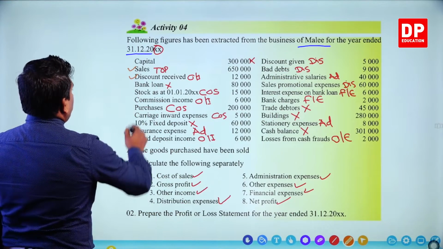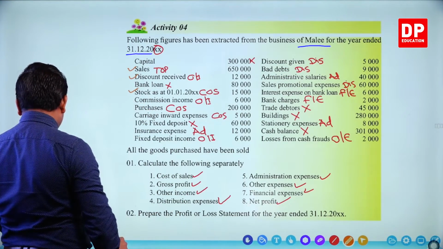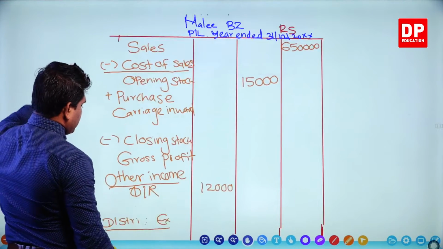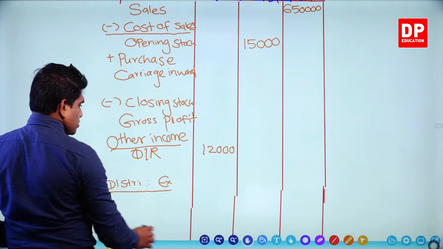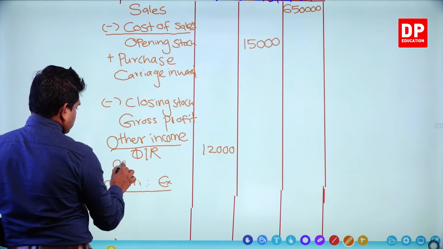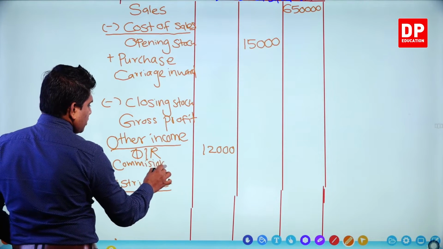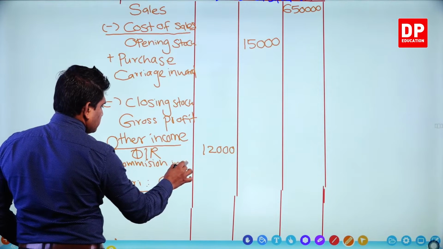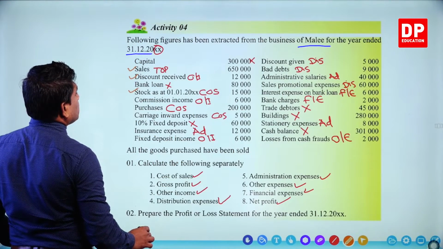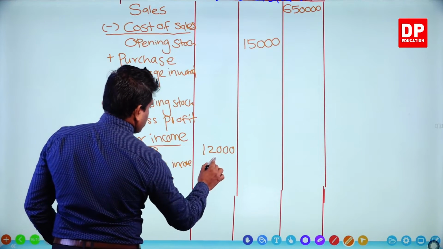Okay. Now next one. We have taken now this one. Commission income, other income. Where we put? Other income category, right? Other income category, commission income. We write commission income. See the amount, 6,000, right? 6,000.